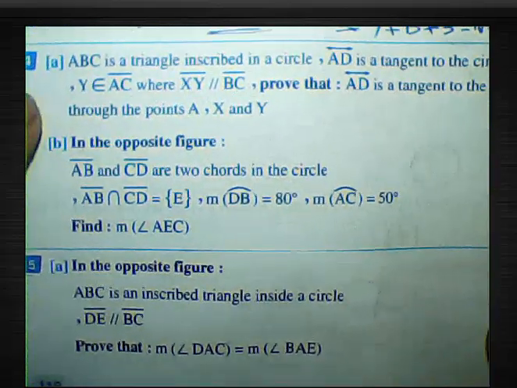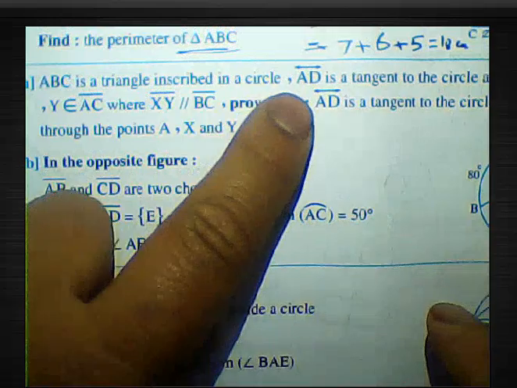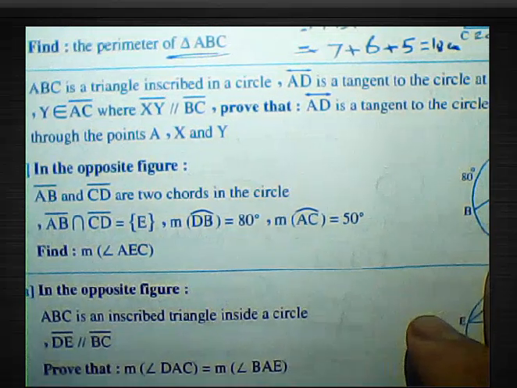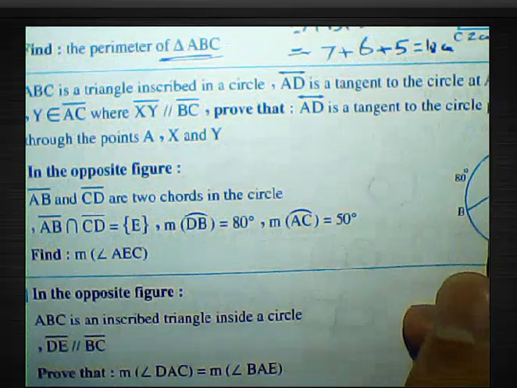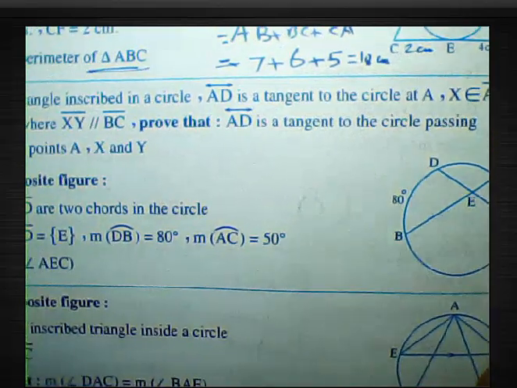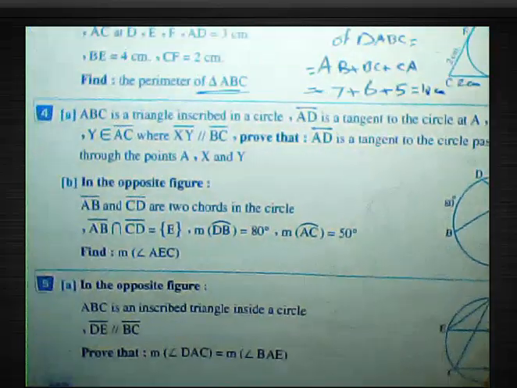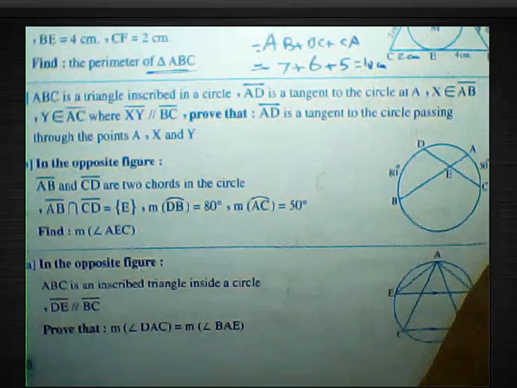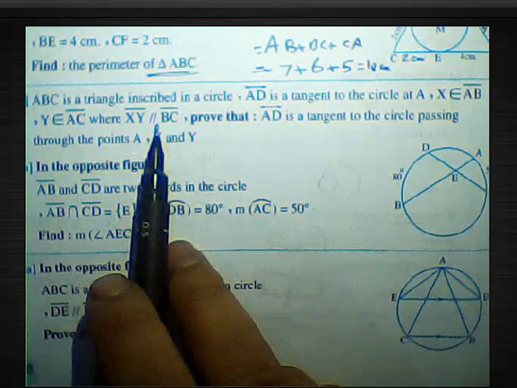Question number 4. ABC is a triangle inscribed in a circle, and AD is the tangent of the circle at A, and X belonging to AB, and Y belonging to AC, where XY parallel to BC.